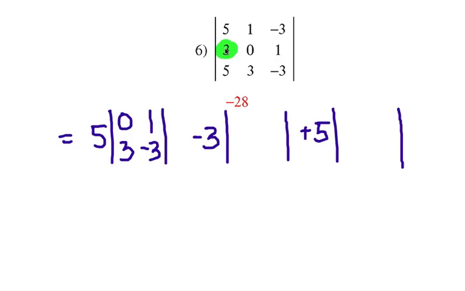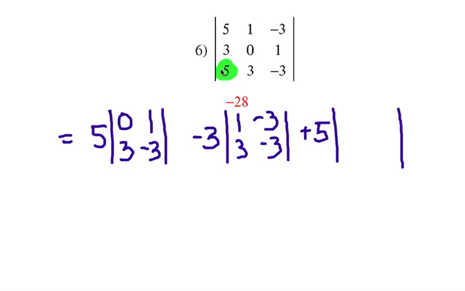Next, in this middle group, I'm using the 3, and that is leaving this pair of numbers and this pair of numbers not in the same row or column as the 3 to make up the next determinant. So we're going to put down 1, -3, 3, -3.